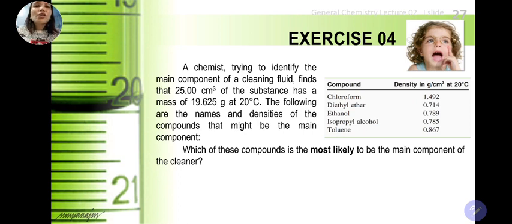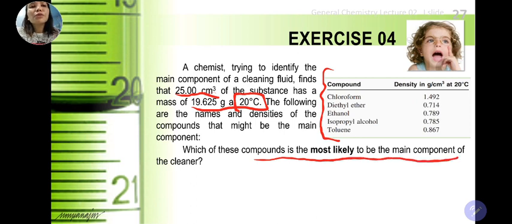Finds that 25 centimeter cube or 25 ml of the substance has a mass of 19.625 grams at 20 degrees Celsius. So the following are the names and densities of the compounds that might be the main component. So ito yung given densities. Which of these compounds is most likely to be the main component of the cleaner?